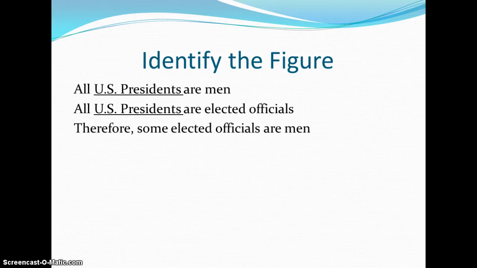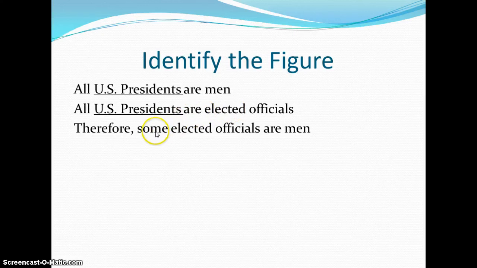Let's do two more. All U.S. presidents are men. All U.S. presidents are elected officials. Therefore, some elected officials are men. If you remember, the reason that I'm using some here is because the predicate in an A statement is undistributed. That means it has the silent quantifier some.